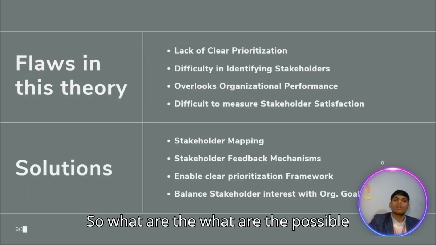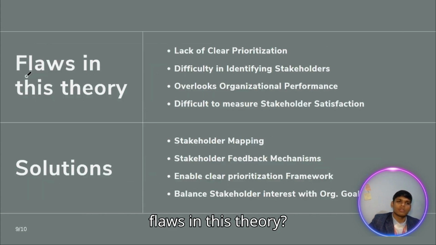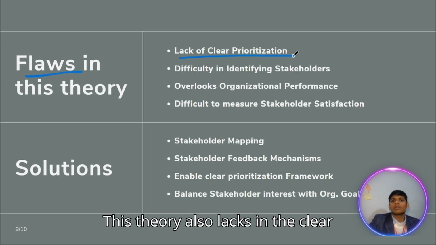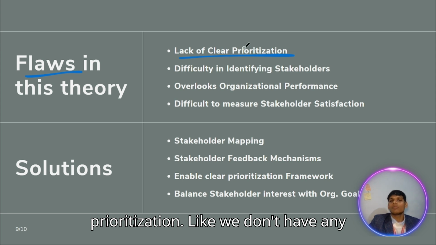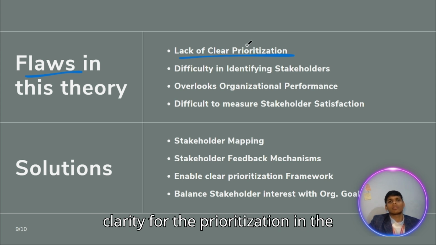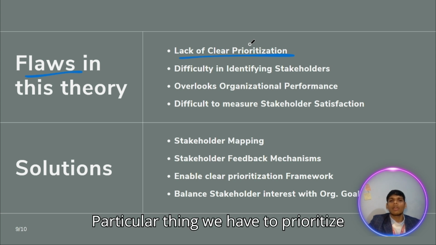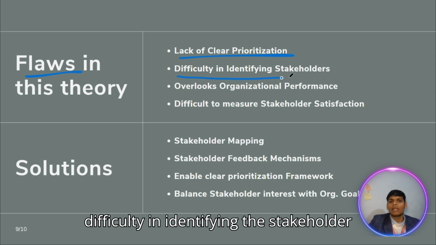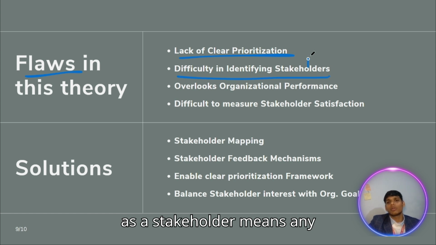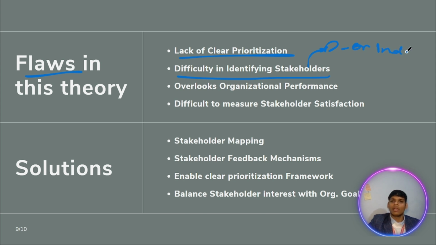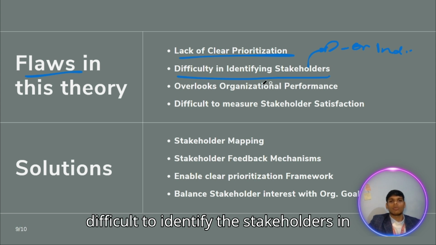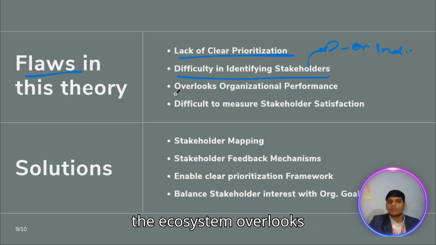So what are the possible flaws in this theory? This theory also lacks clear prioritization. Like we don't have any clarity for the prioritization in the theory, like which particular thing we have to prioritize. Difficulty in identifying the stakeholders. As a stakeholder means any direct or indirect entity, it is very difficult to identify the stakeholders in the ecosystem.